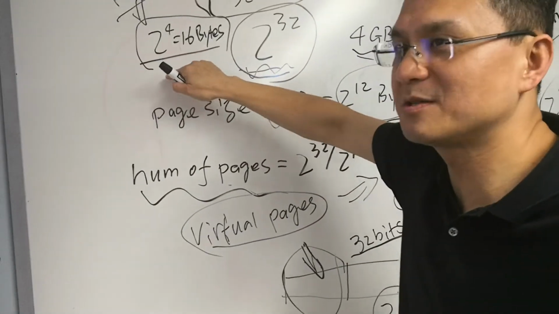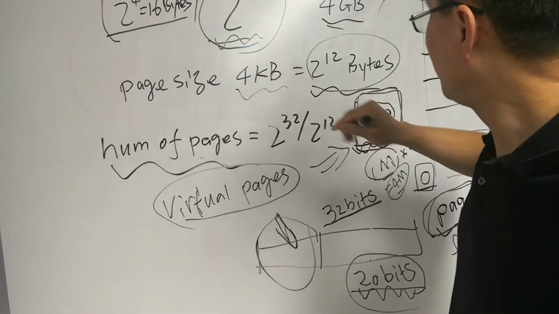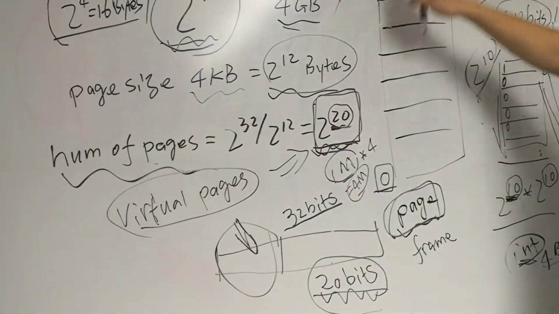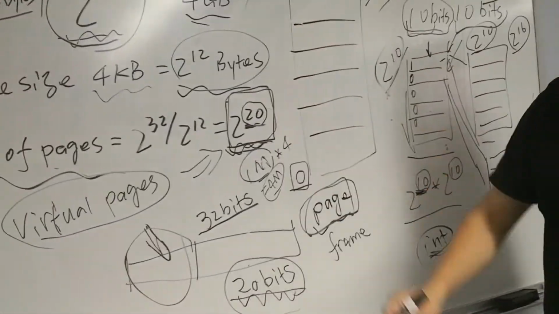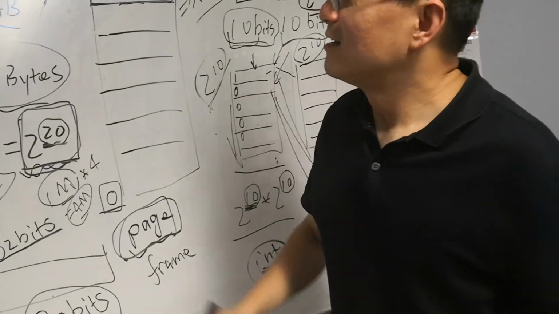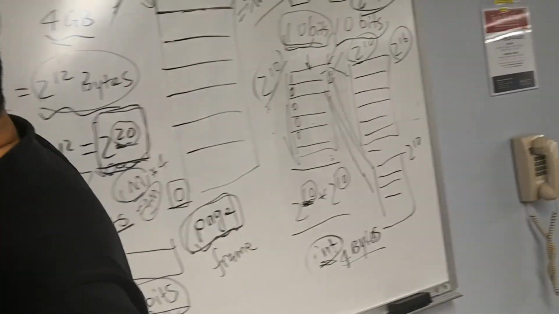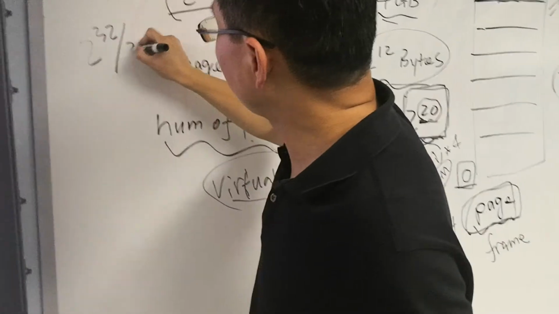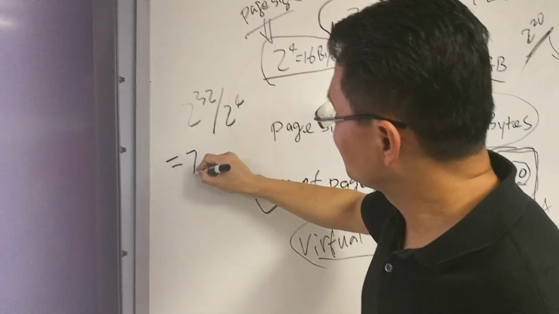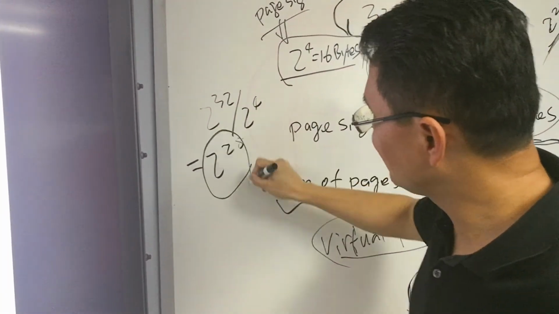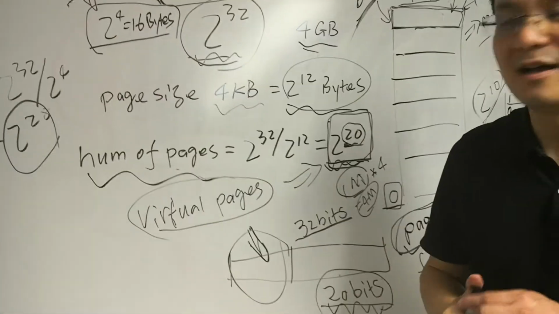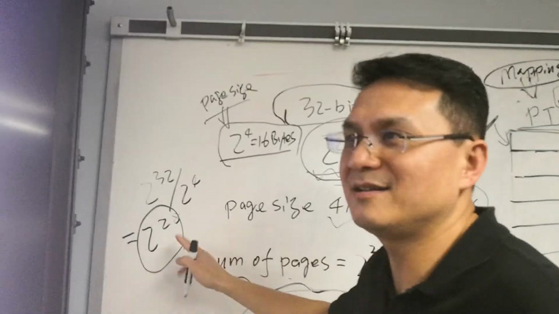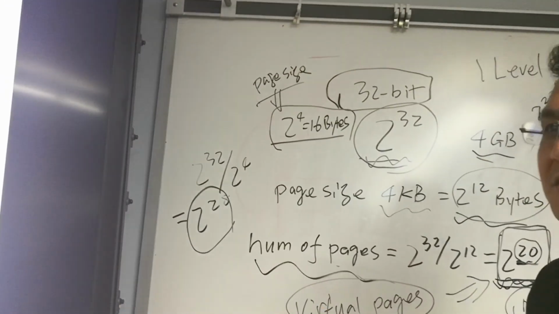With this very small page size, how many entries are in one level of page table? You divide 2 to the 32 by 2 to the 4, so it's 2 to the 28. You need that many entries. Whatever, you can divide this among however many levels you want.